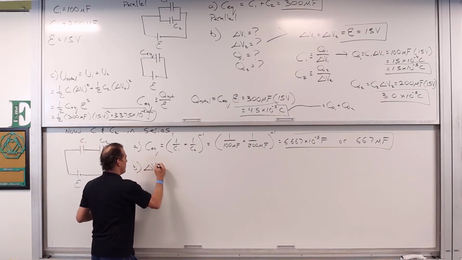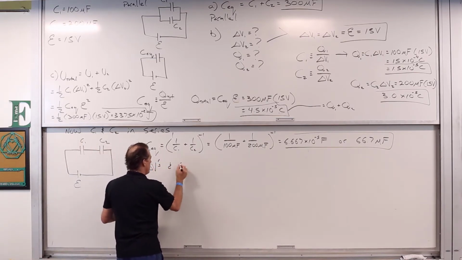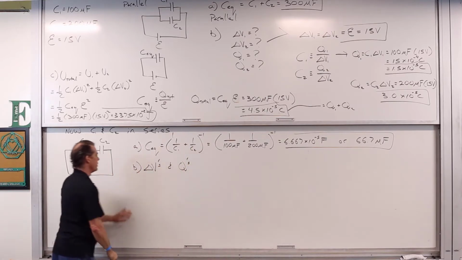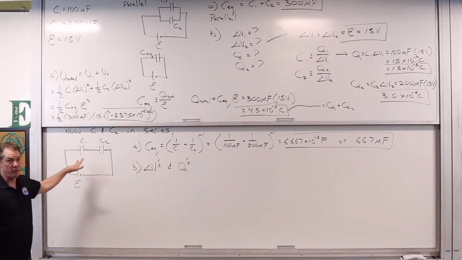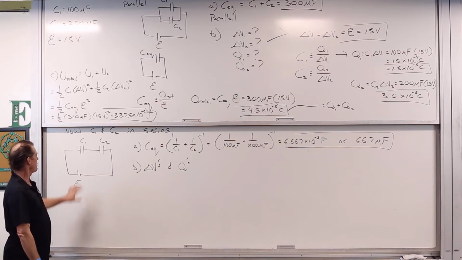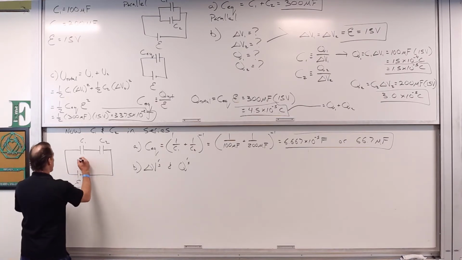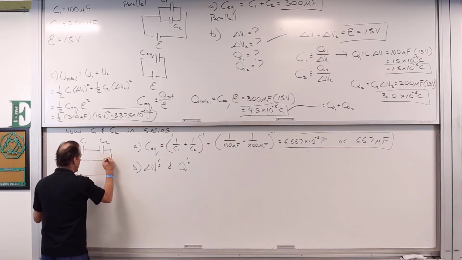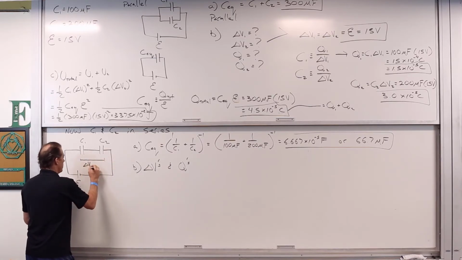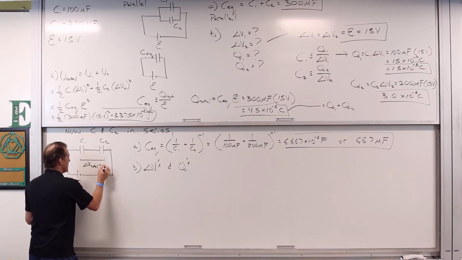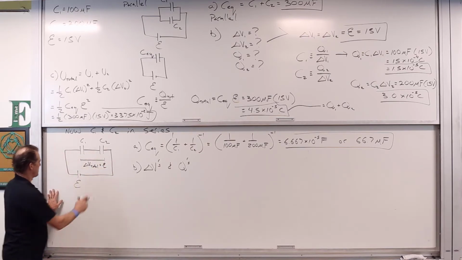Delta V's and Q's. So, are the potential differences the same? Can we just say the potential differences are both 15 volts? And the answer is definitely not. They're in series. The potential difference across this whole section here is delta V total, which is equal to the source potential.